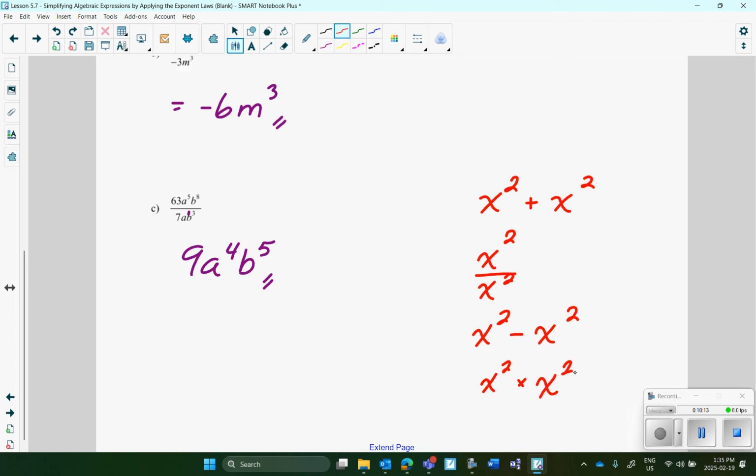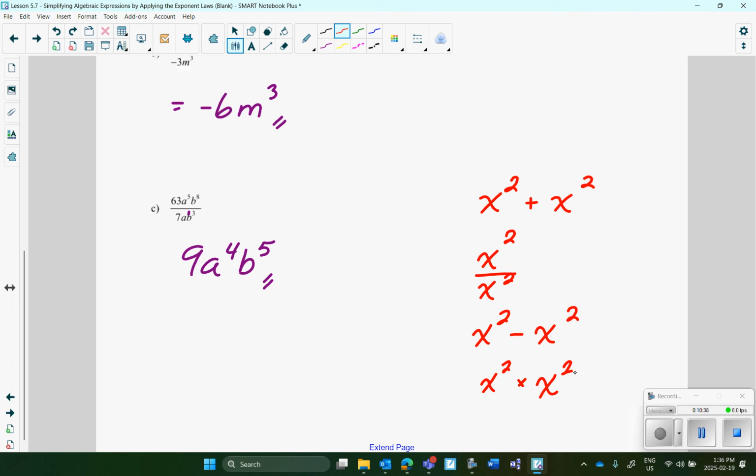What do you think x squared plus x squared is? X to the fourth. Anybody got a different answer? 2x squared.